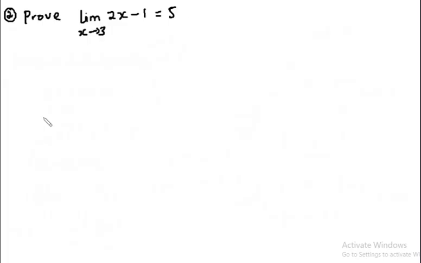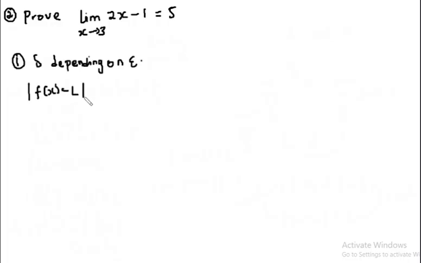So like we did before, the first step is to find the delta depending on epsilon. To do that, like I've said before, you bring in this inequality, absolute value of f of x minus L less than epsilon. You plug in the terms from here. So your f of x term is this. So this is absolute value 2x minus 1 minus the L term is this one.